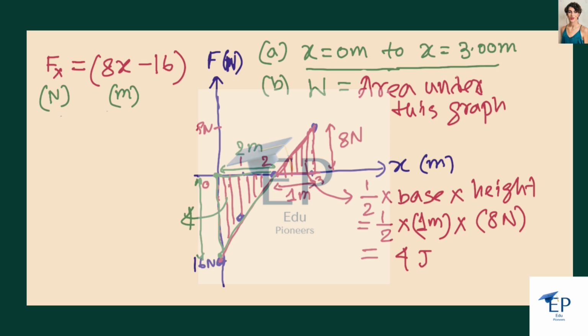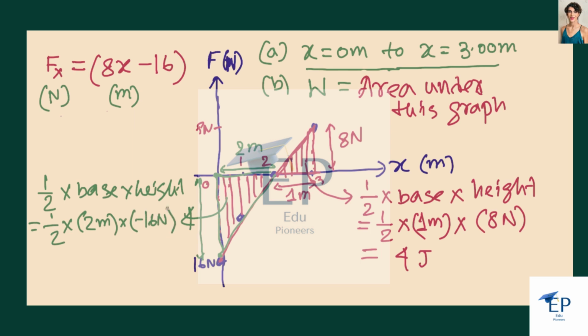So the area is half times base 2 meter times height minus 16 Newton, which is just minus 16 joule.